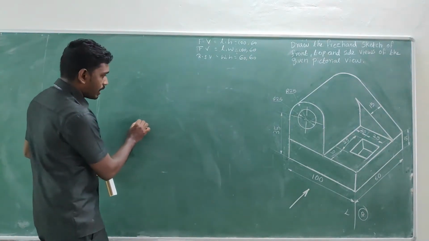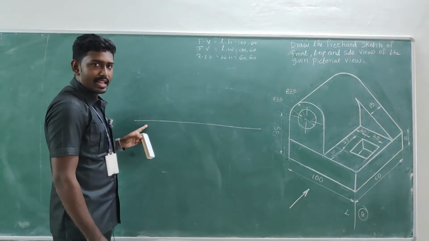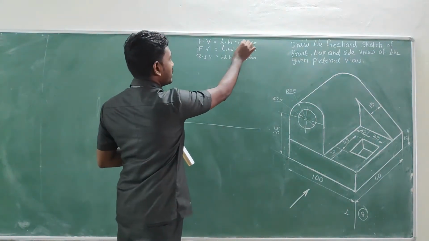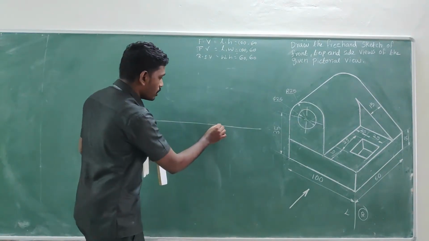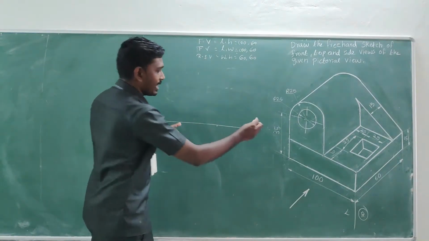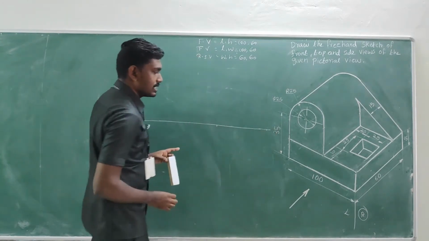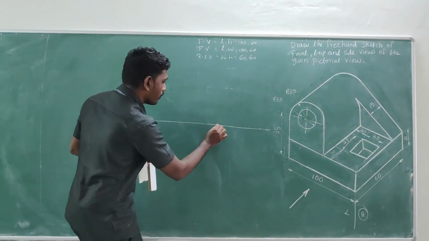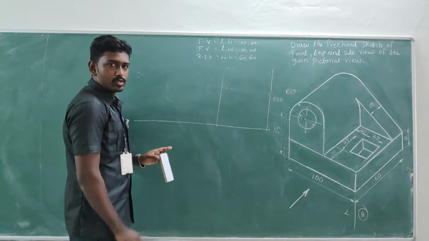We can start our diagram. First of all, start with the horizontal line, which is the reference line, above which we are going to draw the front view. For that, the front view boundary dimension is 100, 60, right? Keep a point, and with the help of your scale, measure 100 and place a point and go for a vertical line, so that you will get like this, right?